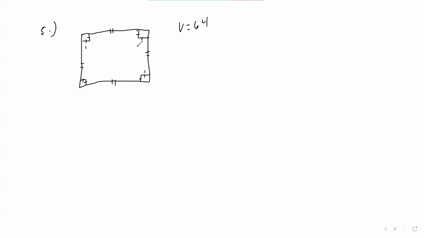So here we go. When we look at this, we don't know the length of this square, but let's call it x. To find volume, it is length times width times height. So in this case, I have x times x times the height. Well, if these are all 1 inch, that means the height of this box, when I fold this section up, will be 1 inch as well.